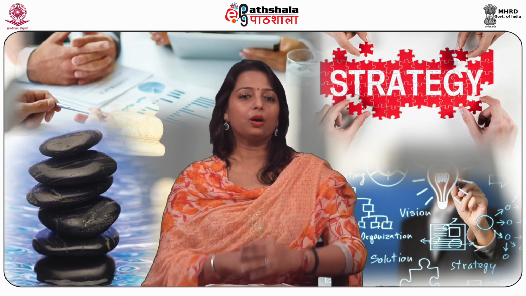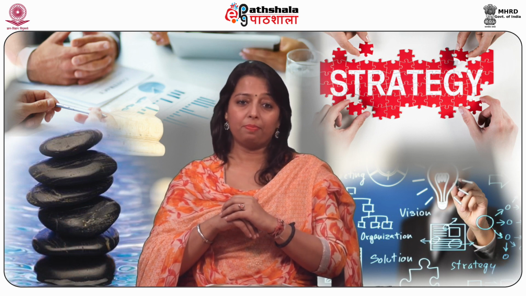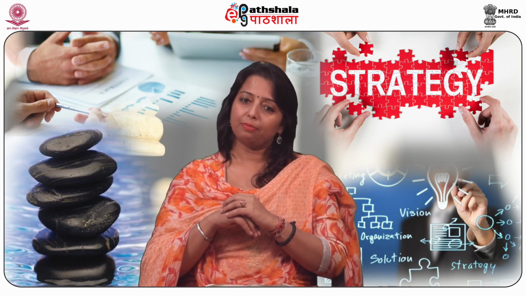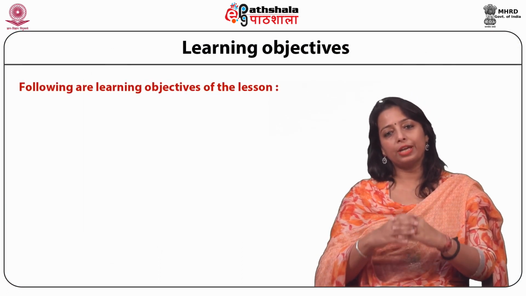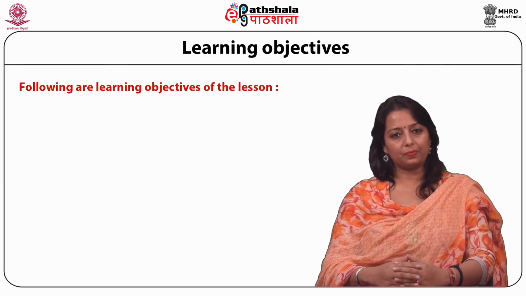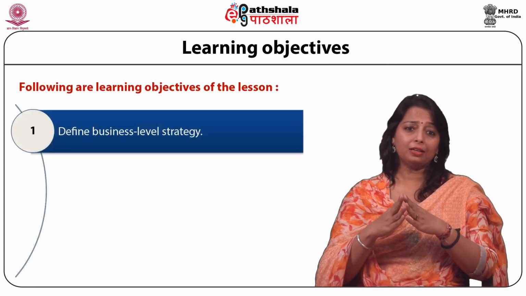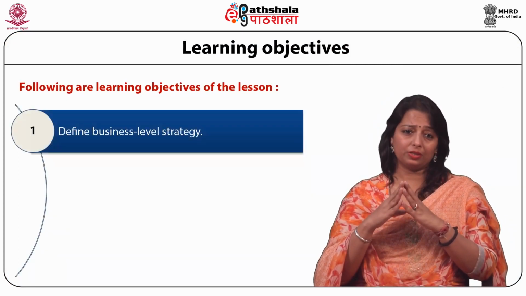Today we are going to talk on module Business Level Strategies from paper Strategic Management. Following would be the key learning objectives of the lesson. We would define business level strategy.